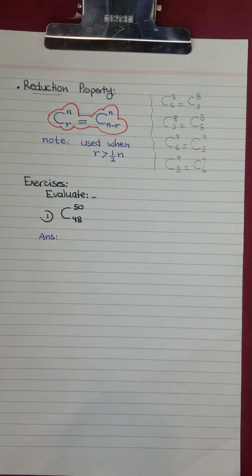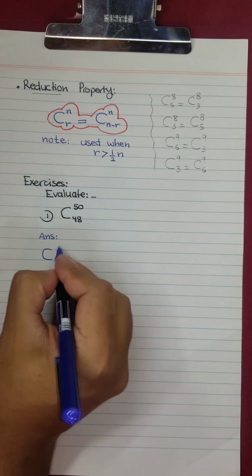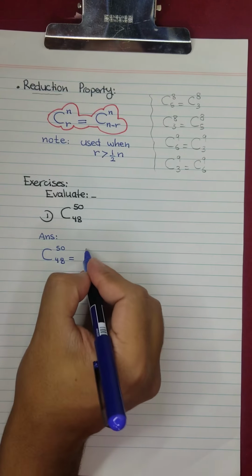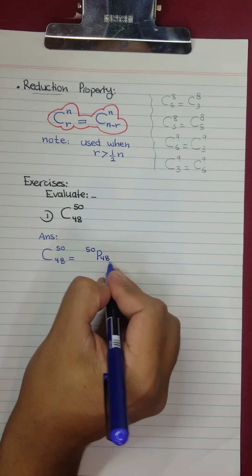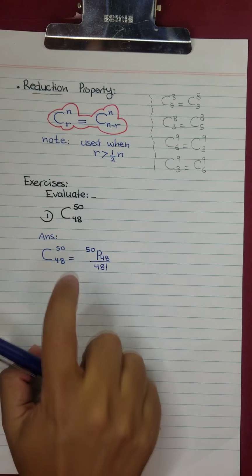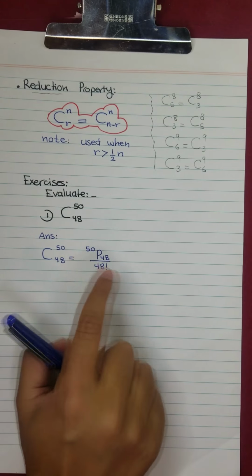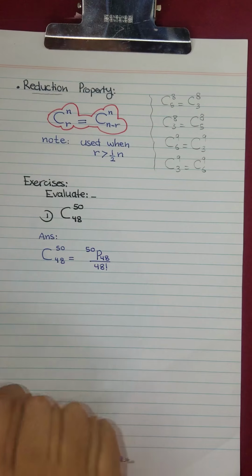If we solve this directly, this is going to be a combination of 50, 48, which is going to be 50 permutation 48 over 48 factorial. This is going to take us forever, because we're going to have to write 48 factors that start with 50.